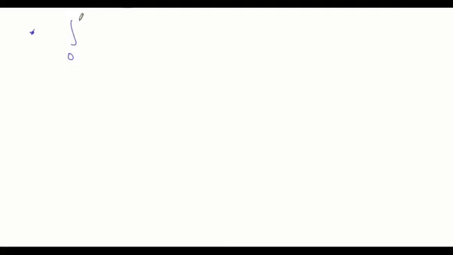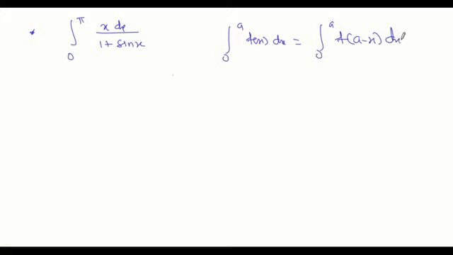Integral 0 to pi of x dx by 1 plus sin x. For this sum we use the same idea, children. Integral 0 to a of f of x dx is nothing but integral 0 to a of f of a minus x dx. Okay, so first I name this as I. This is 1.